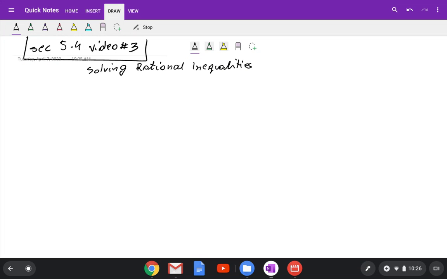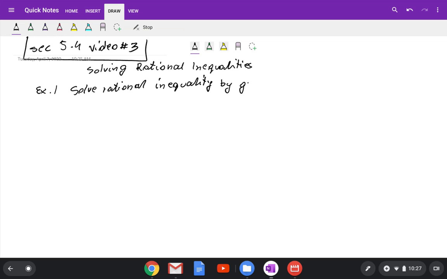So first, the example 1, solve the rational inequality by graphing.